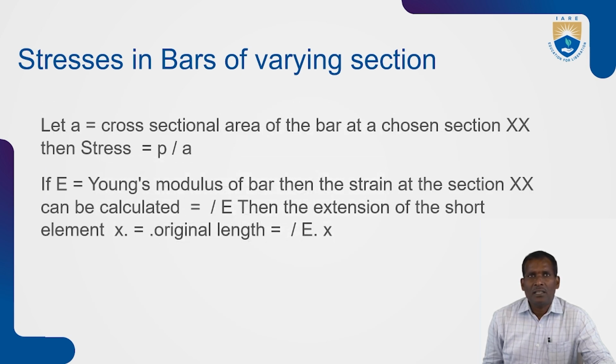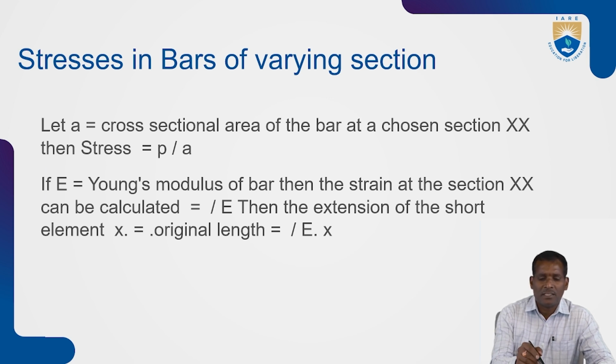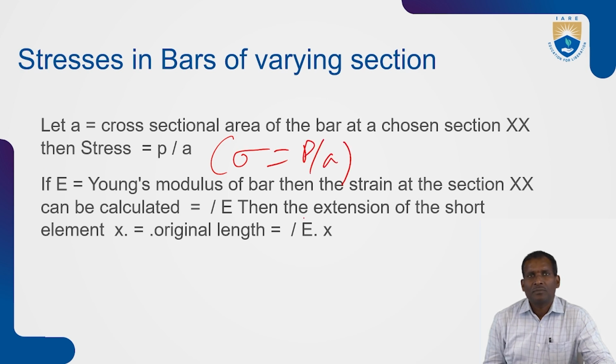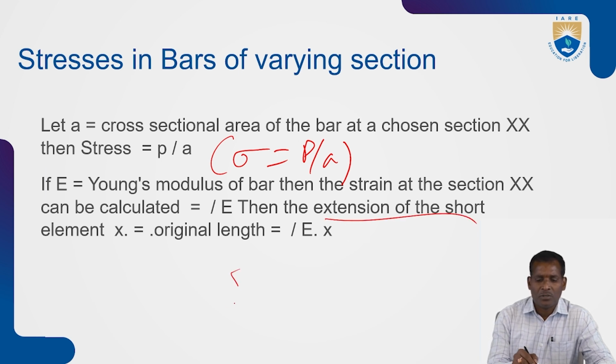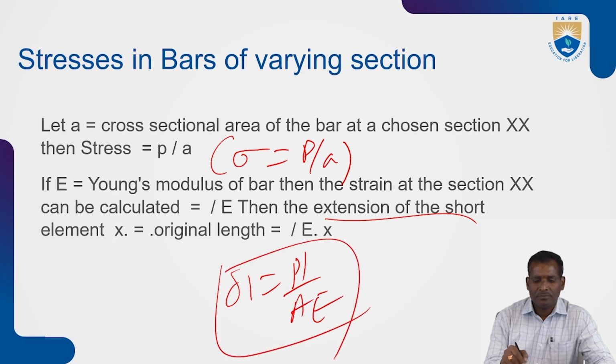So let A be the cross sectional area of the bar, and choose a section XX. You can calculate the stress, which is equal to load per area. If E is Young's modulus of the bar, then the strain at the section can be calculated by using delta L is equal to PL by AE.